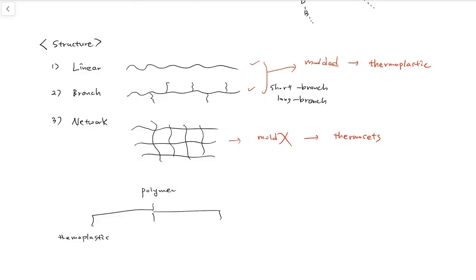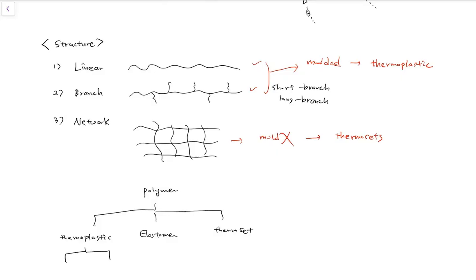Okay, the one kind is thermoplastic, the other kind is thermoset. Okay, next kind is elastomer, such as a rubber band. Okay, and also thermoplastic can be categorized into crystalline polymer and amorphous polymer. Okay, and we'll get back to this point later in more detail.